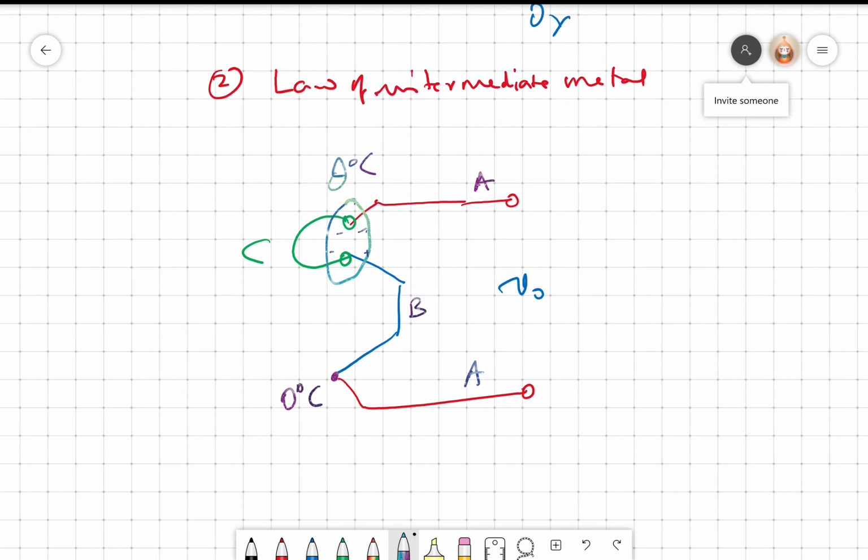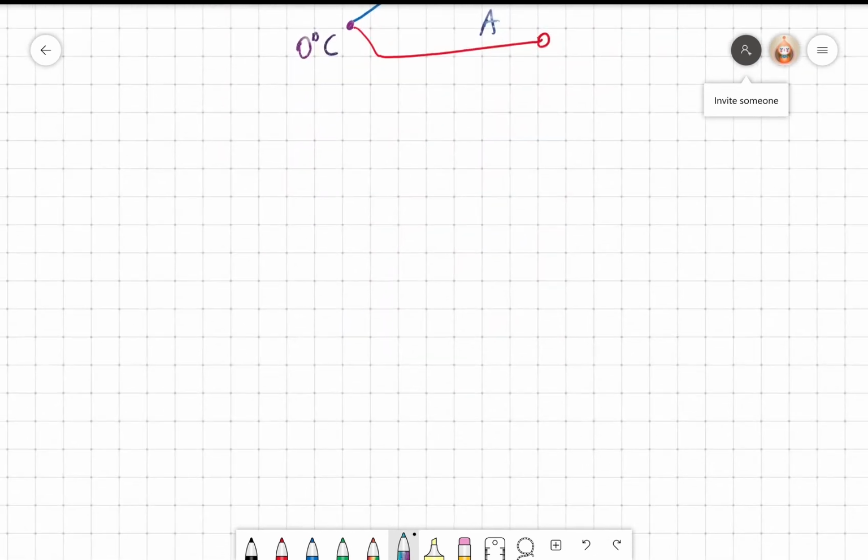The third law of thermocouples is called the law of intermediate temperatures.